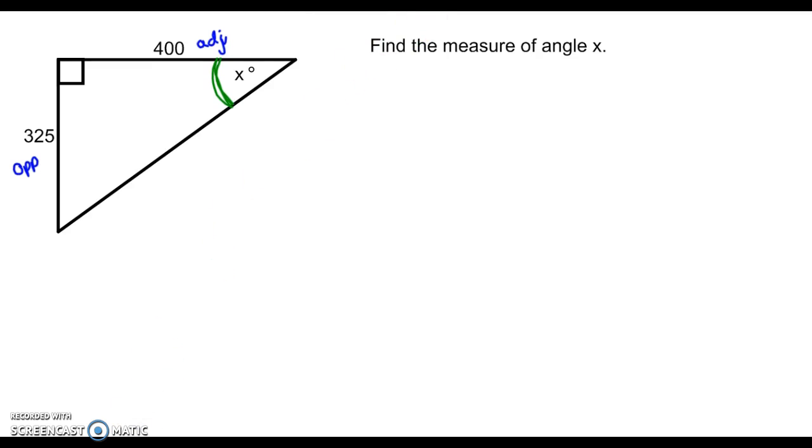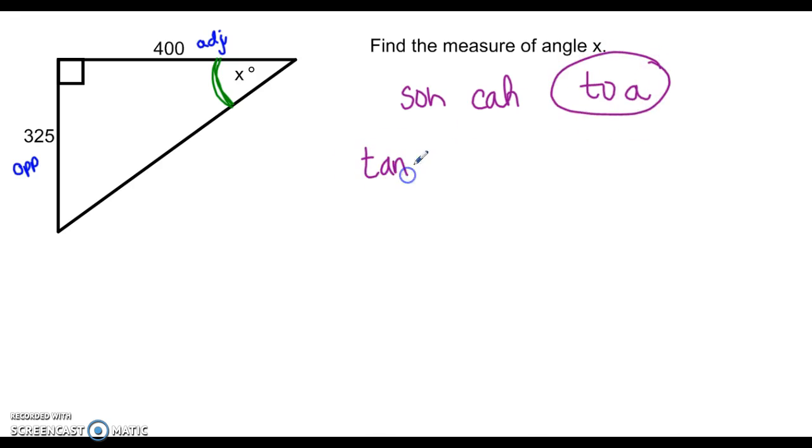So we're going to look at our SOHCAHTOA and establish which one of these we're going to use. Opposite and adjacent, that's our TOA. So the tangent of angle X is equal to the ratio of the opposite over the adjacent. So we've got 325 over 400. To get the x by itself, I want to undo the tangent.